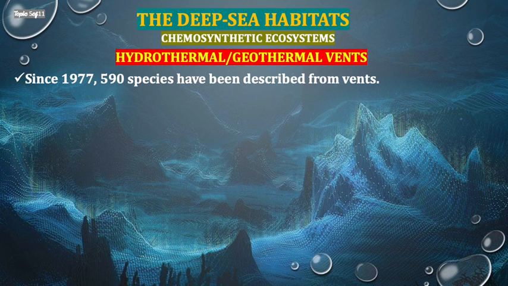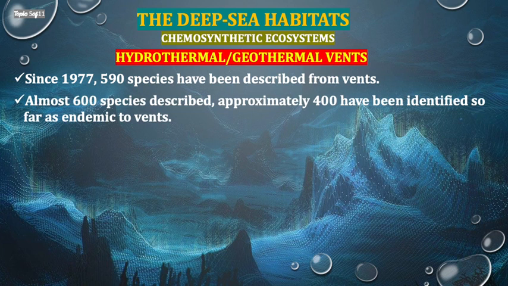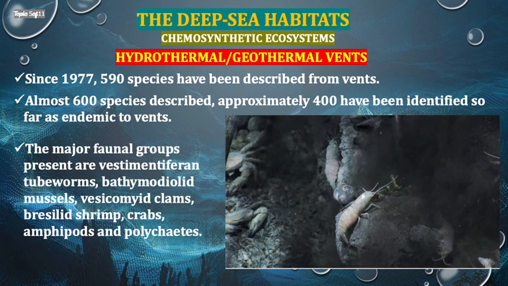Since their discovery in 1977, around 590 species from the hydrothermal vents have already been described by science. And out of about 600 discovered species, about 400 of these have been identified as endemic to the hydrothermal vents.